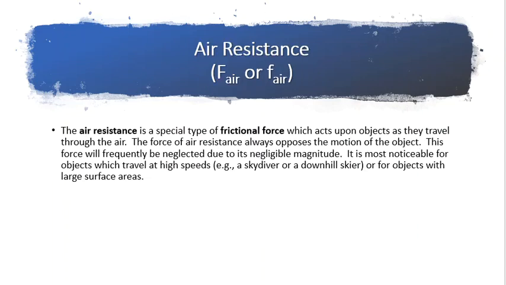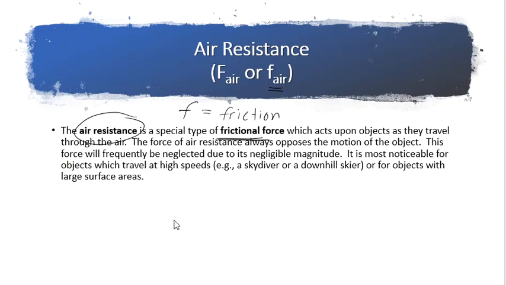Another type of force is air resistance. This is a special type of friction force. So you can either write F sub air or lowercase f that represents friction. In physics, we write lowercase f to represent friction, and then you put a subscript for what type of friction it is, just like here, it's air.